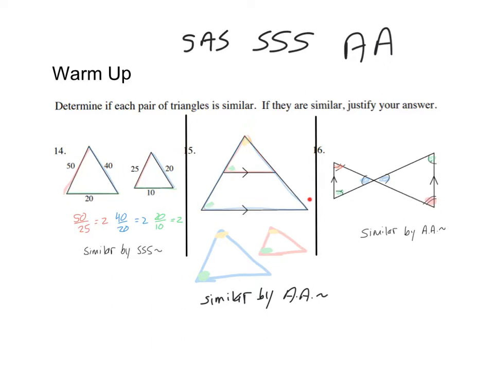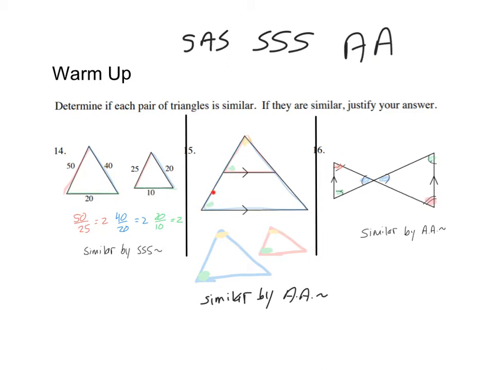Anytime that you have overlapping triangles, I would encourage you to draw them separately like I did here. So this big triangle in blue has the same angle up top as this one here. And if you recall, this little arrow here with this little arrow means that those two sides are parallel to one another. And if we have two parallel lines cut by a transversal, we're going to see this a lot with these pairs of overlapping triangles.